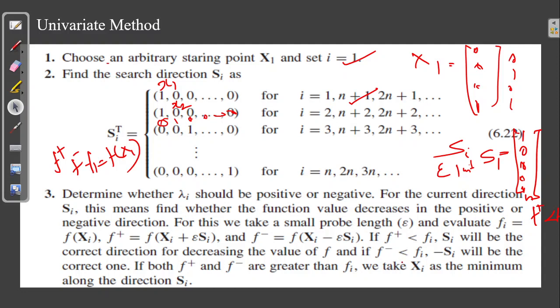If f minus is less than f1, then it indicates that minus si will be the correct one, so that the function is decreasing. If both f plus and f minus are greater, then take f1. Here i equals 1, so f1 is the minimum value, and we take x1 as the minimum along the direction s1.